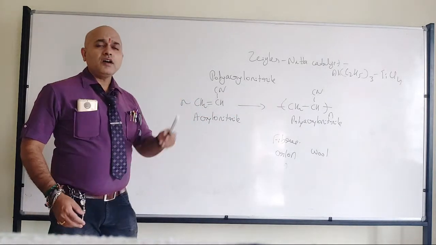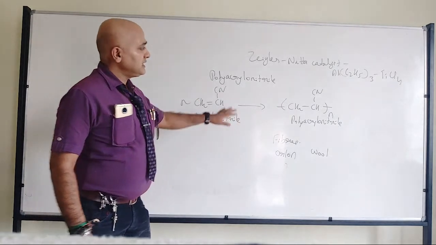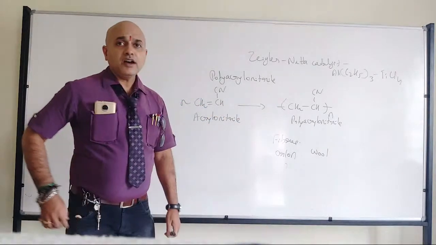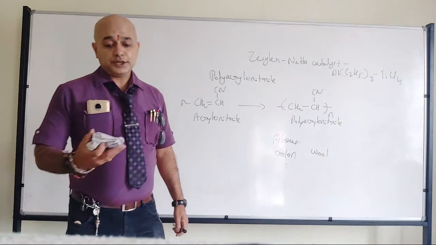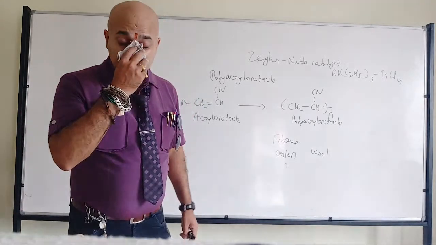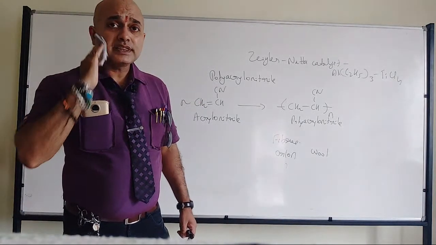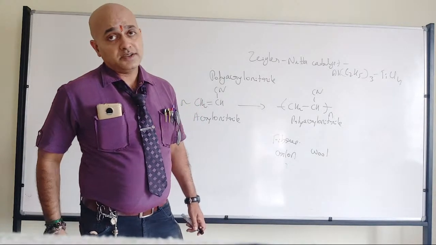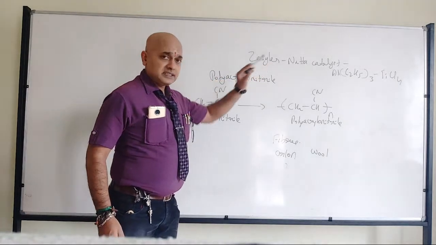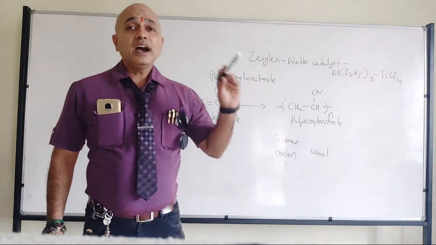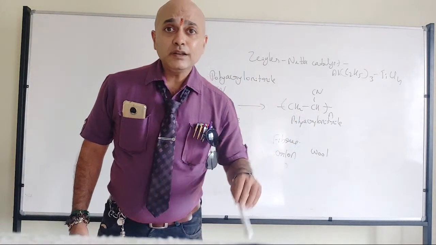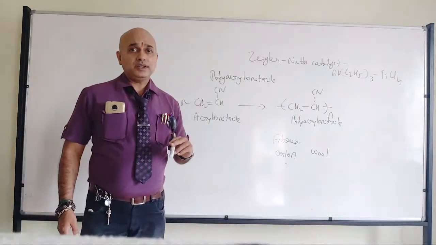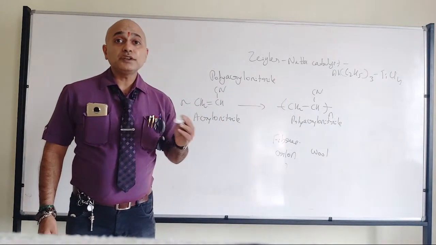And Teflon, all these things, don't worry, they will not ask the structure and all, but they will ask the application. So you should remember about that one. And high density and low density polyethylene, that is important. Along with Ziegler-Natta catalyst, HDPE and LDPE are important. What is the difference between them?